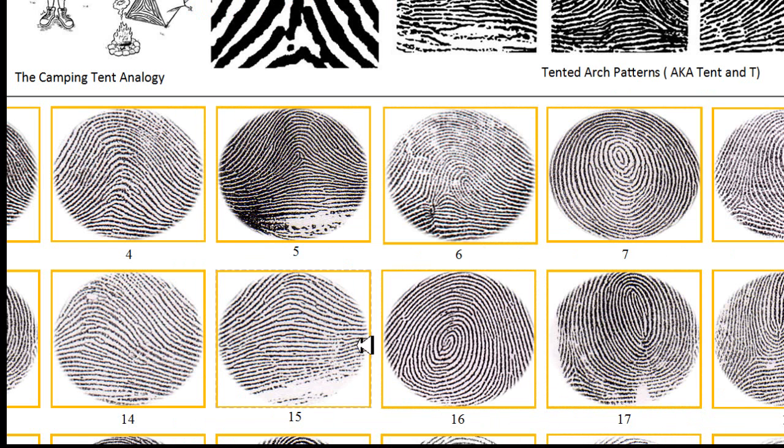Let me now draw your attention to number 4, 5, 6, and 7. And hopefully number 4 you'll immediately recognize as our plain arch. Number 5, I'm hoping that you recognize what's very important, the very center of the print.